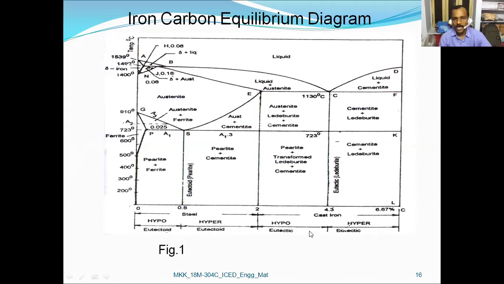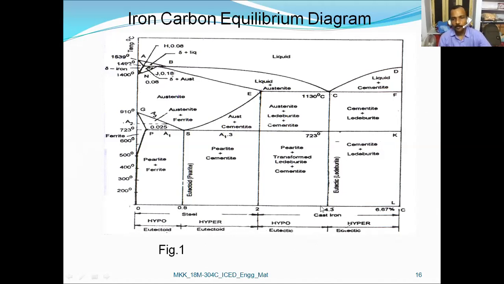Now above 2% of carbon can be called cast iron, as we have already discussed. From 2 to 4.3% of carbon it is called hypoeutectic cast iron. Here we can't call it steel, because it is above 2% of carbon.